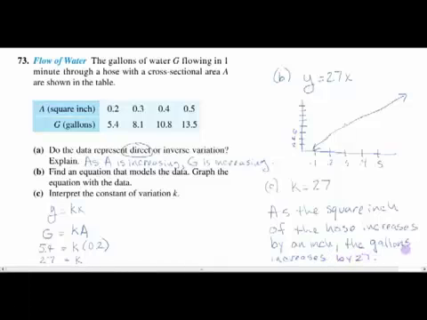Or you could also say as the square inch of the hose increases by 0.1 inch, the gallons increases by 2.7. And you can see that here. As we increase the square inches by 0.1, then the gallons increased by 2.7.